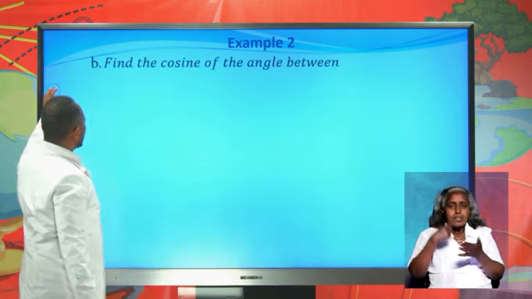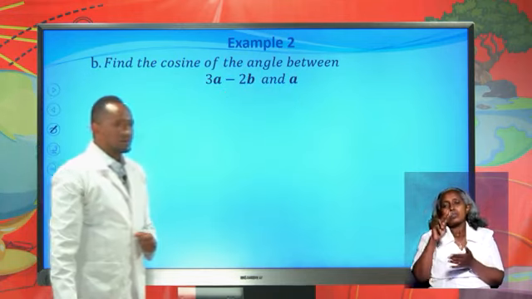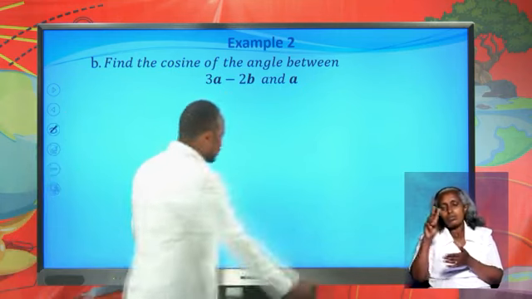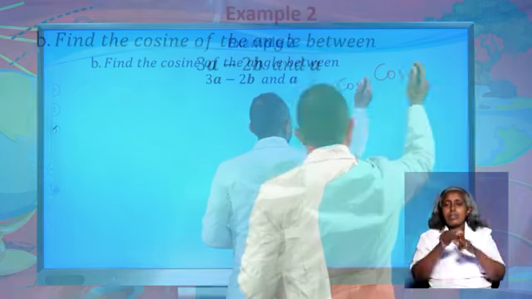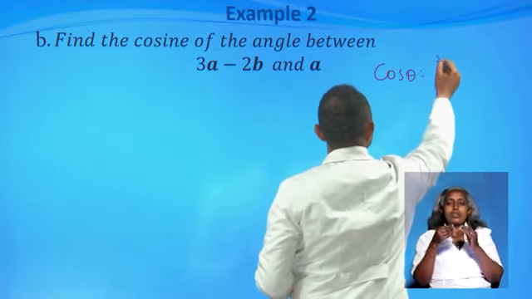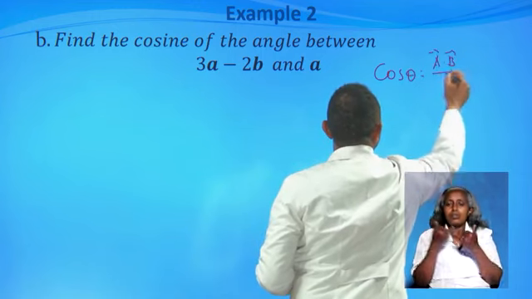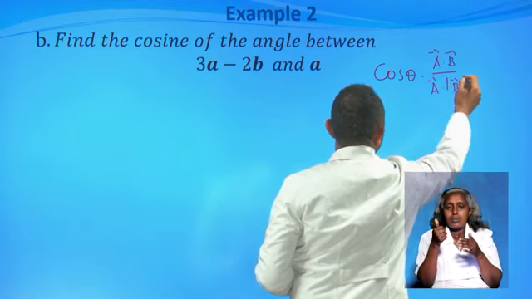The next one, we are asked to find the angle between 3a minus 2b and a. To find the angle between two vectors, the formula is simple. The angle between two vectors a and b is given by a dot b divided by magnitude of a, magnitude of b.